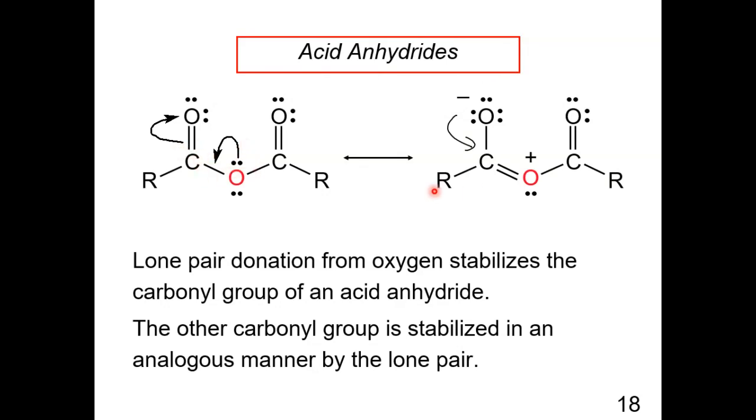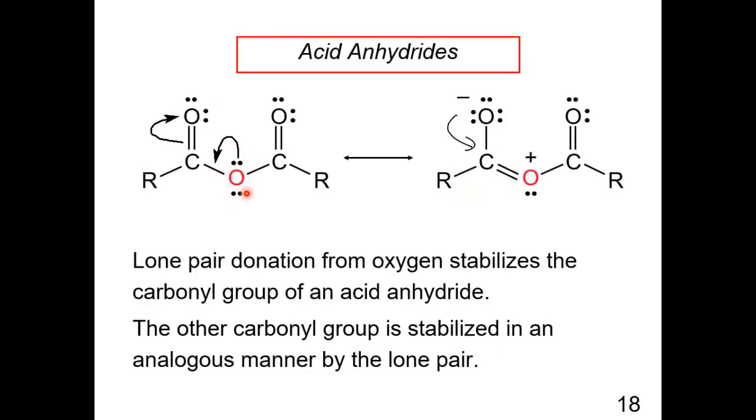I'm only showing the left side carbonyl stabilized, but of course, in the same way, you can understand that the right side carbonyl can also be stabilized by the oxygen lone pair. Basically, this is the stabilization power of the lone pair bearing oxygen atom.